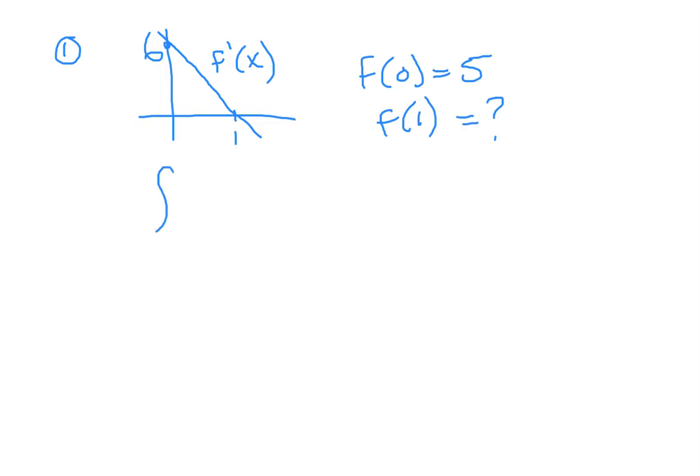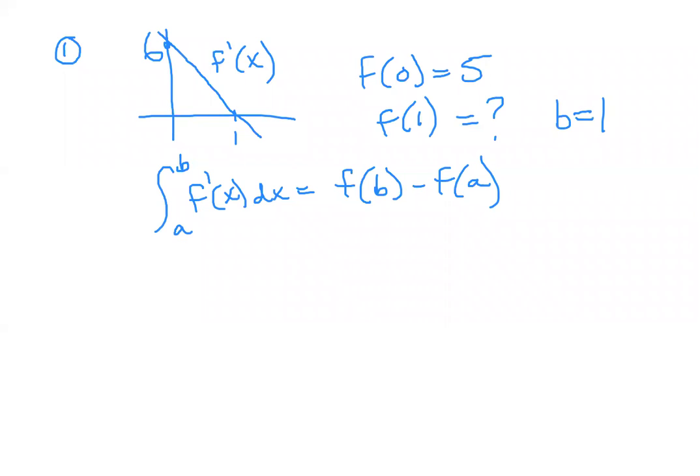Well, remember that the integral of f prime from a to b equals f of b minus f of a. Let's let b equal 1 and a equal 0, because those are the things that we're given here.